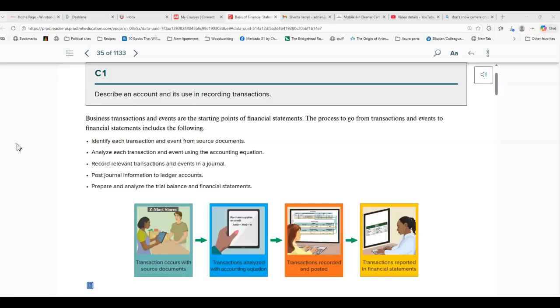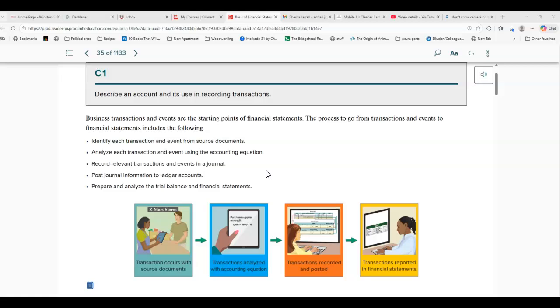So the transaction occurs. A source document is usually created at that time. You analyze the transaction. You identify the elements of the transaction based on your understanding of the accounting equation. What elements are affected with this transaction?